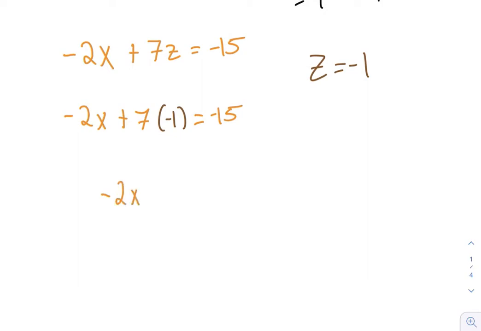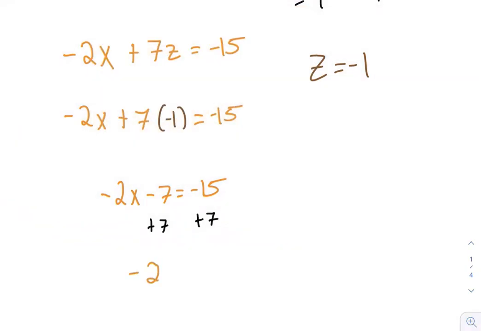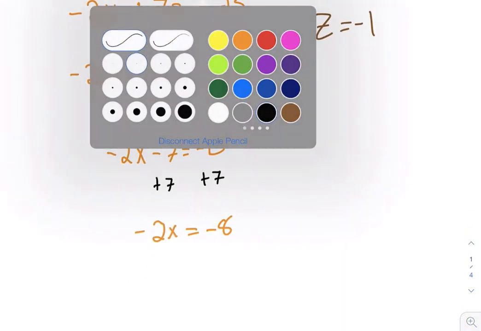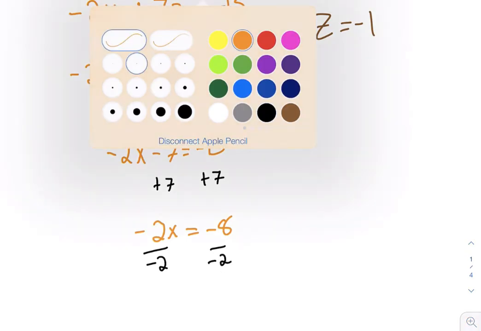So negative 2x minus 7 equals negative 15. And then I can add the 7 on both sides. That gives me negative 2x equals negative 8. And then I can divide both sides by negative 2. And that gives me x equals 4.